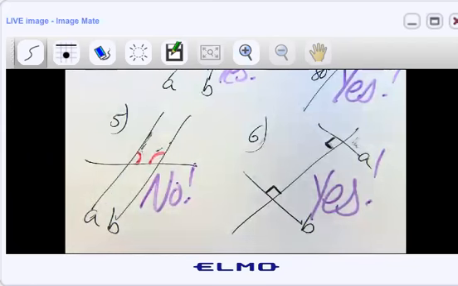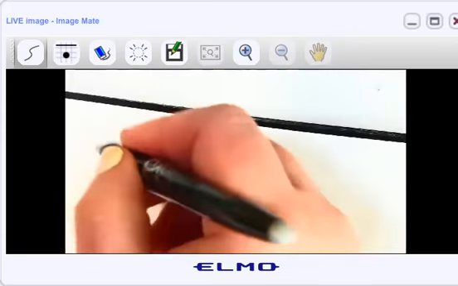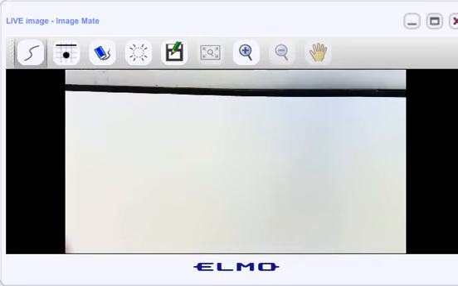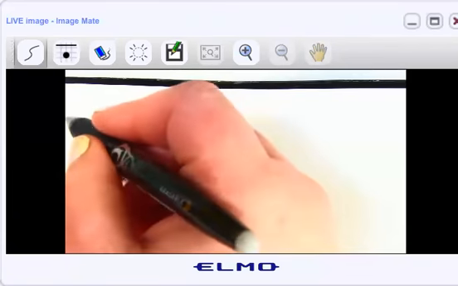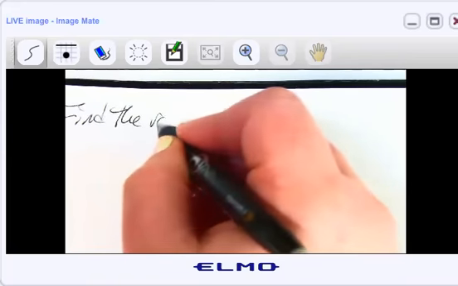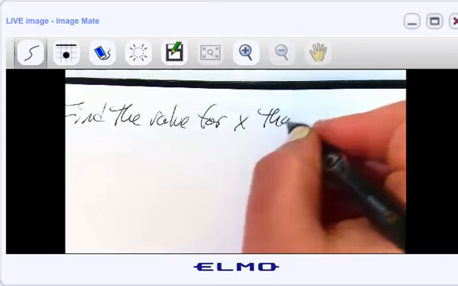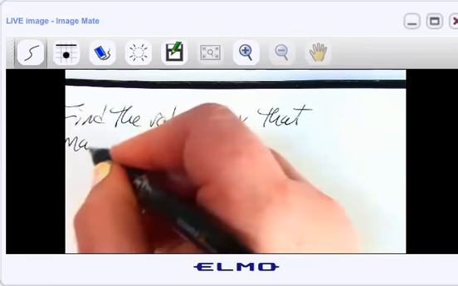All right, let me flip the page here. So this is going to feel very similar to what you did yesterday, but we're going to phrase the question just a tiny bit different. I'm going to ask you to find the value for x that makes the lines parallel.